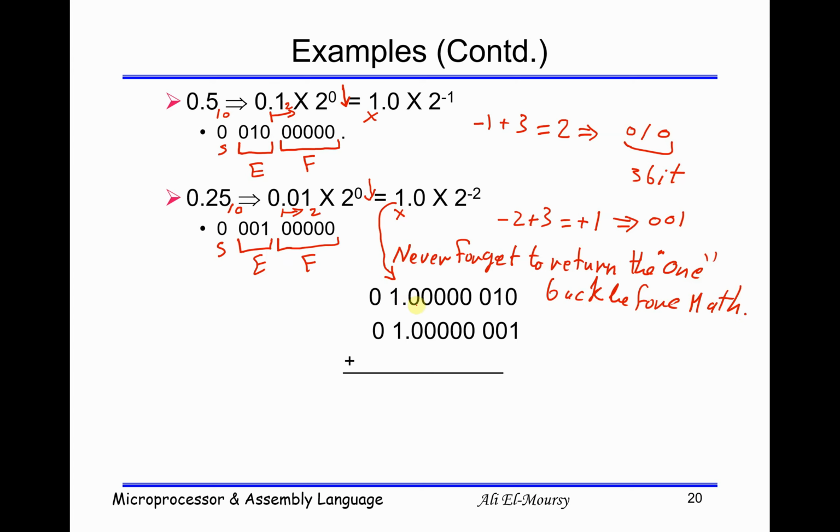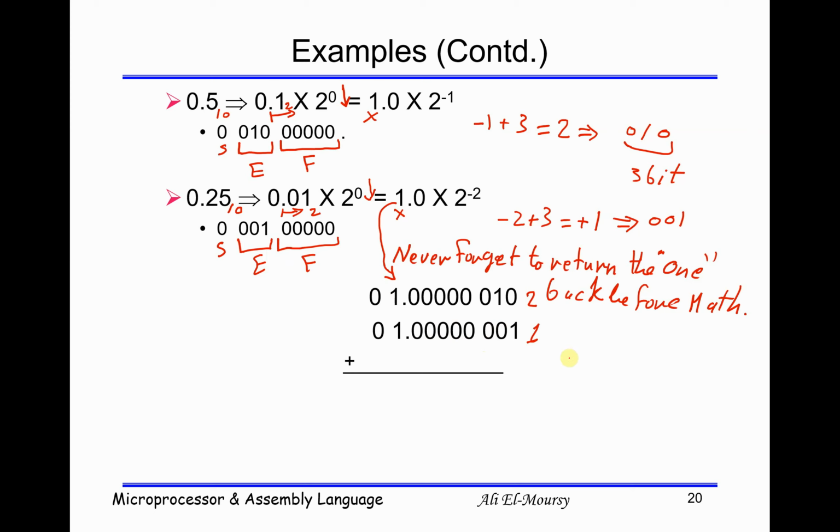So I have 1.0000 and 1.0000, the first one with exponent 2 and the second with exponent 1. They have unequal exponents. In order to add those two numbers, the exponents should equal each other.